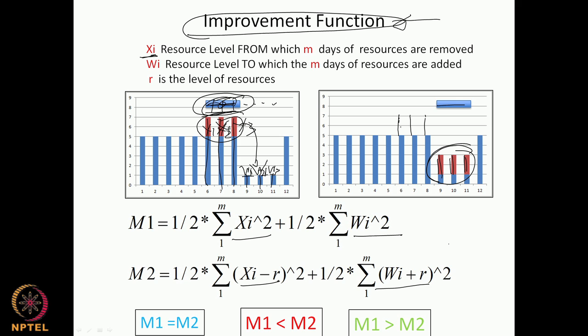Now we have these three options after the shift. Either m1 can be equal to m2, which means there was no reduction in the moment by shifting, or m1 is less than m2. That means when I shifted, the moment m2 became greater, so this profile had a greater moment.